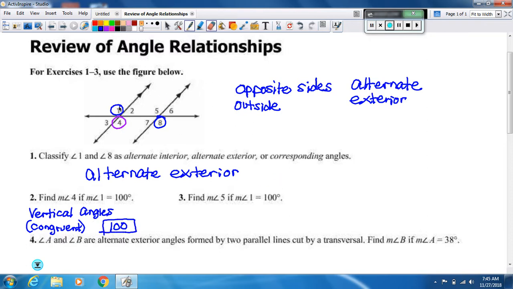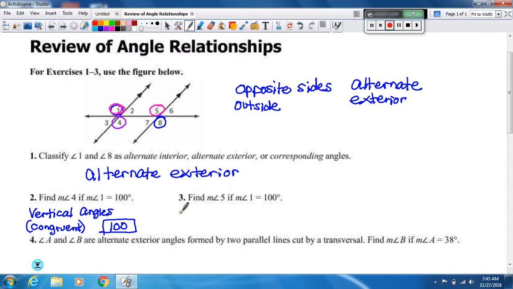Okay. Find the measure of angle 5 if the measure of angle 1 equals 100. Well, for this one, they are on the same side of the transversal and the same side of the parallel lines.